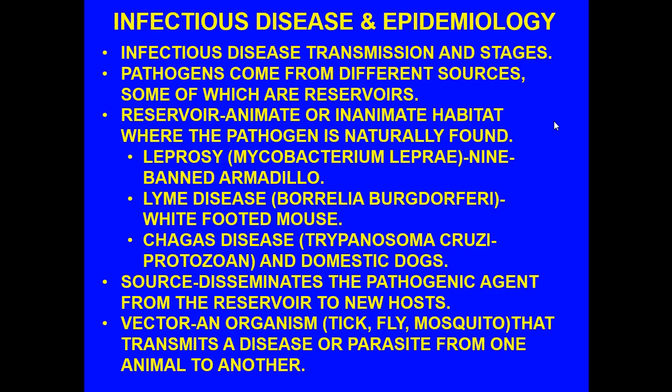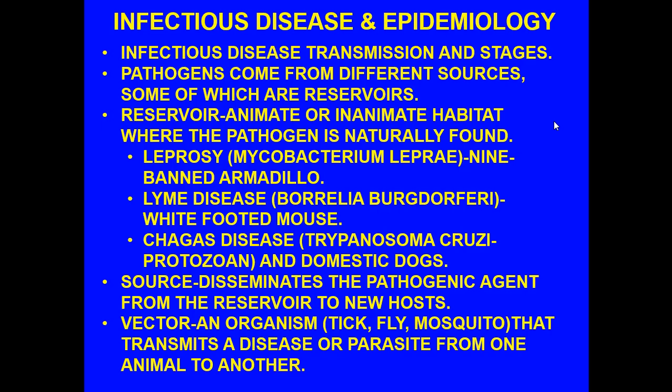Lyme disease, Borrelia burgdorferi. Its reservoir is the white-footed mouse. Chagas disease. This is a protozoal parasite called Trypanosoma cruzi. And it's interesting in that it can be found in domestic dogs. I could even take it further. You can find COVID and COVID-relevant viruses in bats.